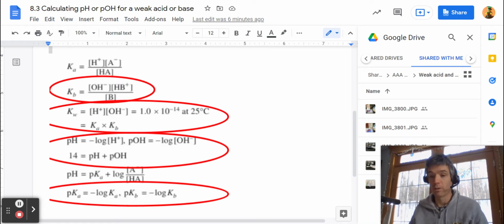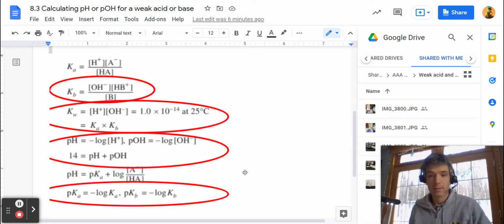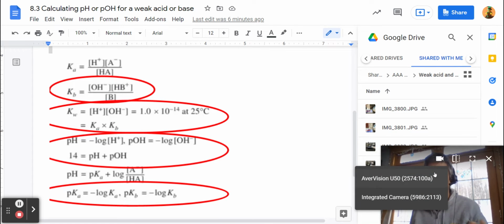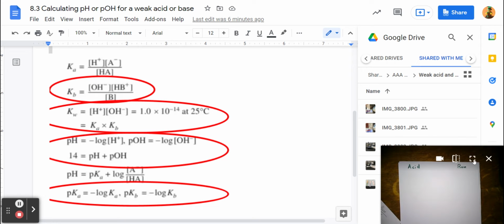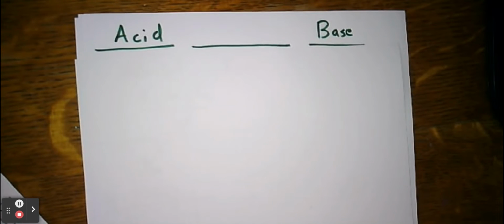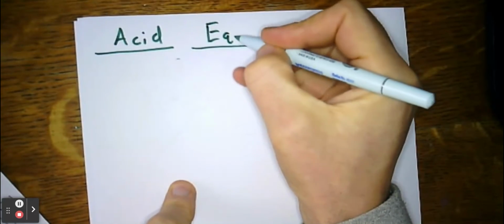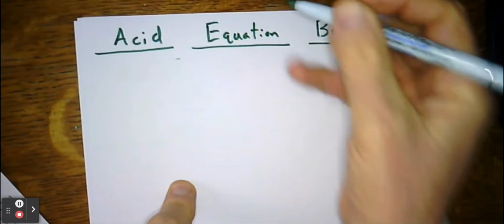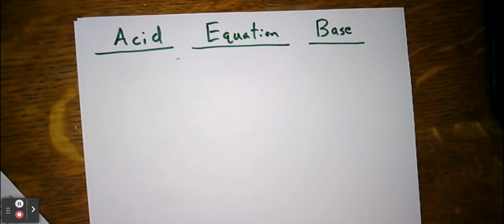So I want to go over a little formula tree to help when you go back to study them, so it's a little more clear what you need to do. I would set up a big sheet of paper. You have to start with your equation. Make sure you know what the equation is. If it helps, label the acids and the bases. They may tell you, but I think the equation is a good place to start.